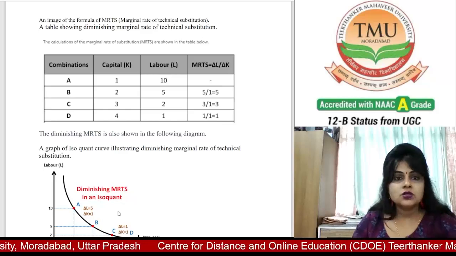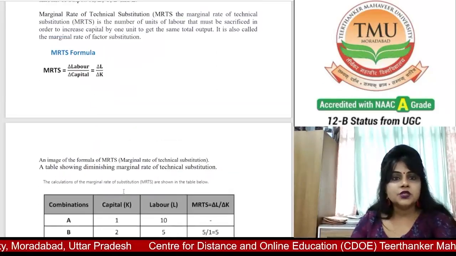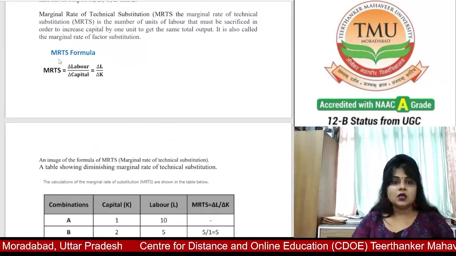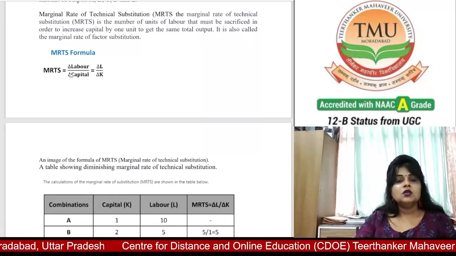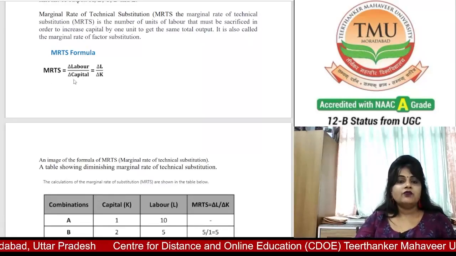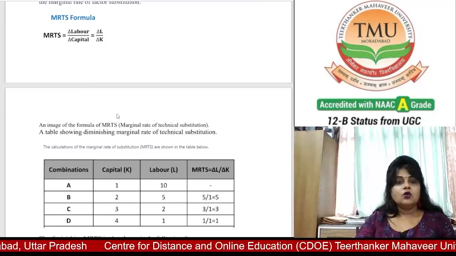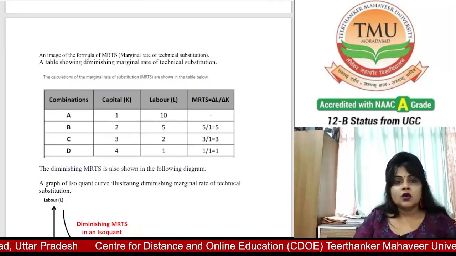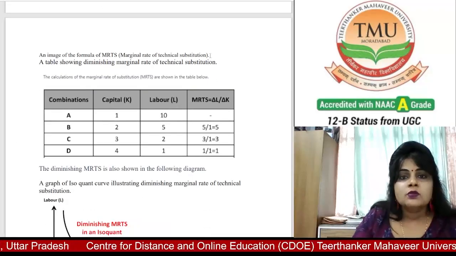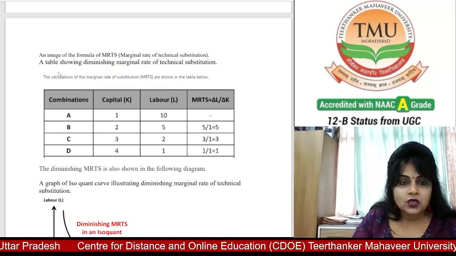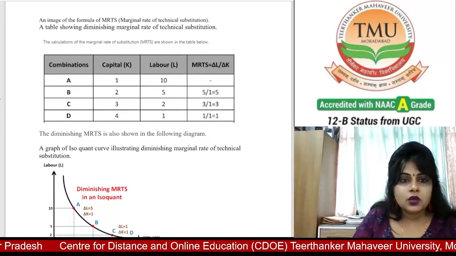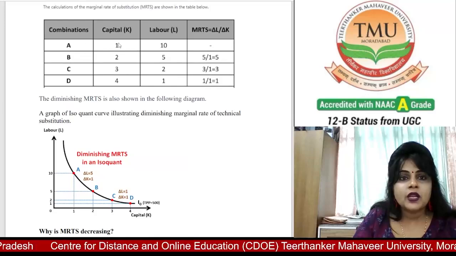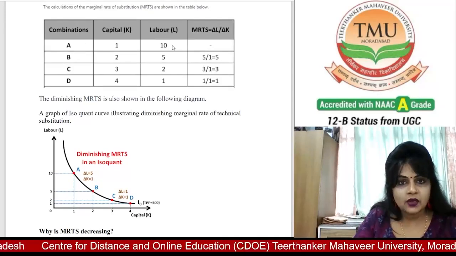You see also here in the schedule the formula: the marginal rate of technical substitution is delta labor divided by delta capital. Now, an image of the formula of marginal rate of substitution, and a table is also shown here. You can see combination A, capital is 1 and labor is 10.